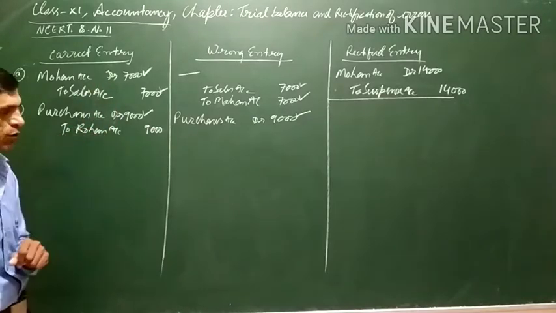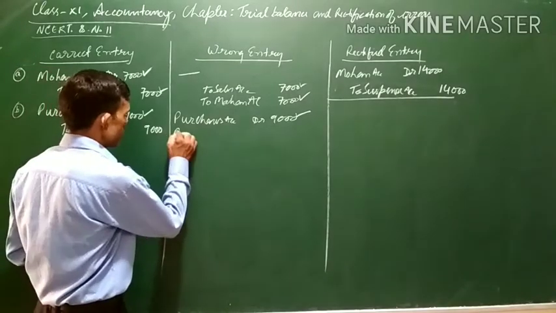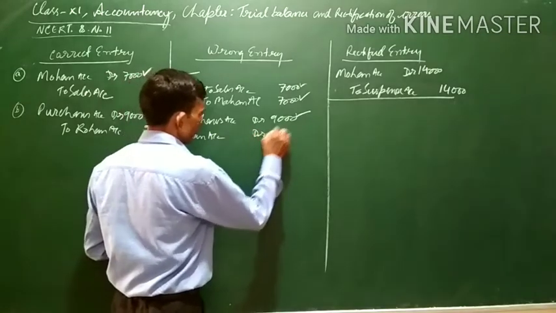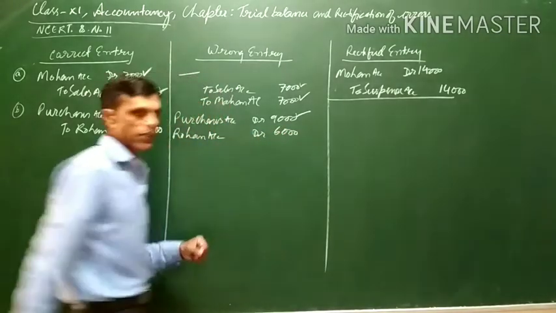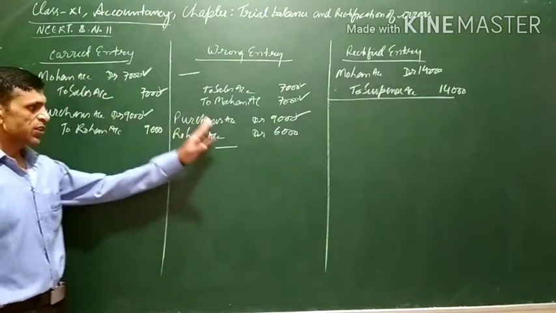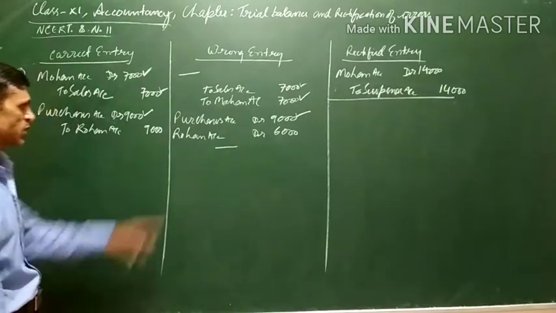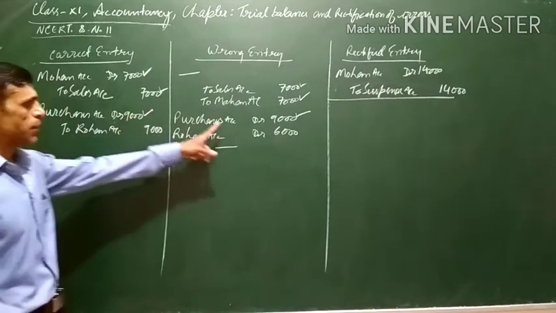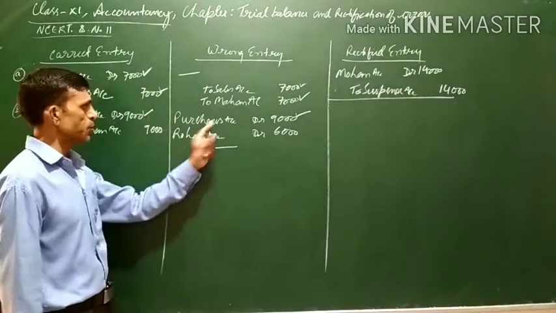Instead of posting to the credit side, it has been debited. Rohan account has been debited with rupees 6,000, not 9,000 also, and there is no credit. This is the wrong entry. Purchase account has been debited, as it should have been, so there is nothing wrong in purchase.